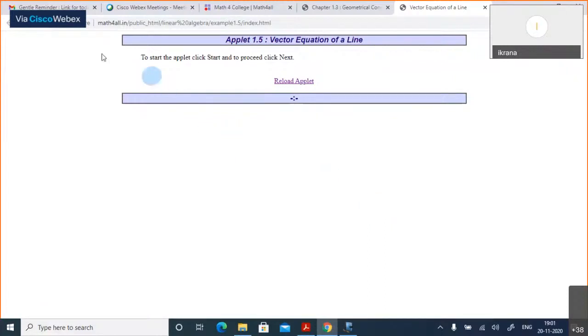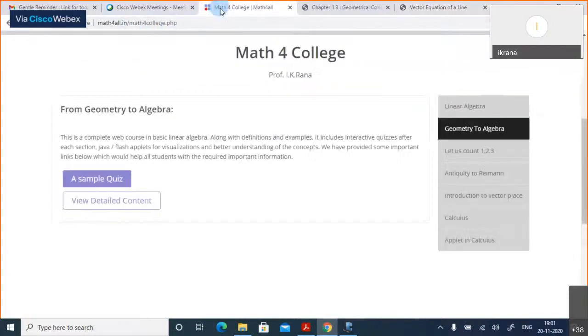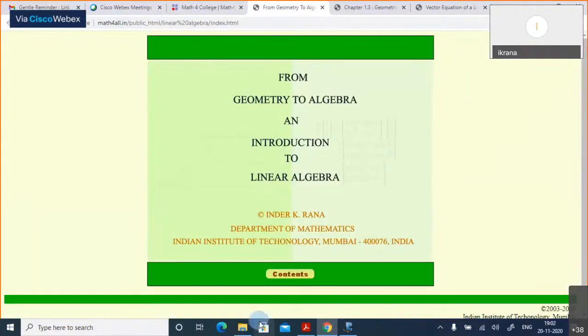You may have a problem with that, but otherwise the written content you can always access. So go to Math for All, detailed content, From Geometry to Algebra, and you will find a soft version of it available.